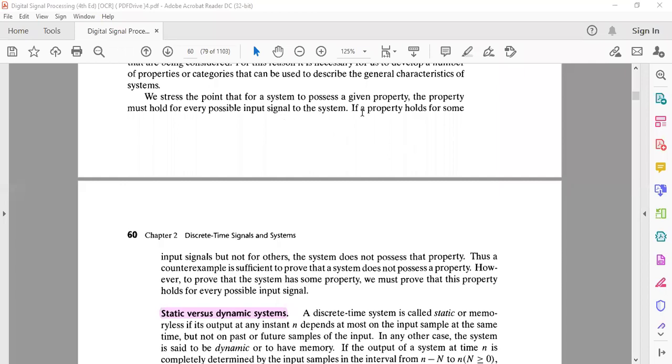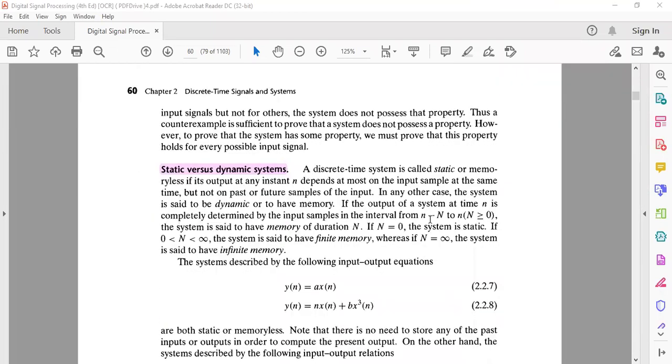So if you're going to give a system a certain characteristic, then that characteristic must hold for all inputs. If a property holds for some input signals but not for others, then the system does not possess that property. And thus, a counterexample is sufficient to prove that a system does not possess a property.